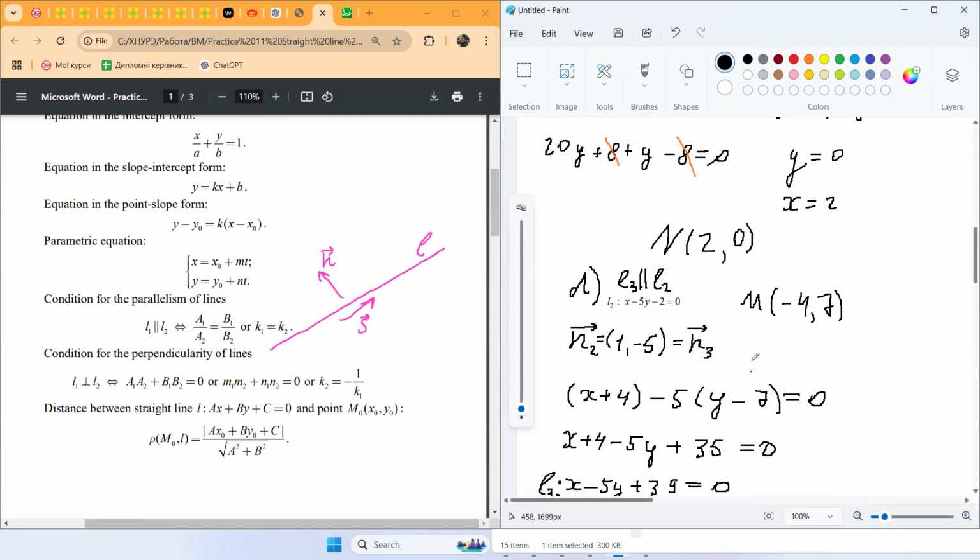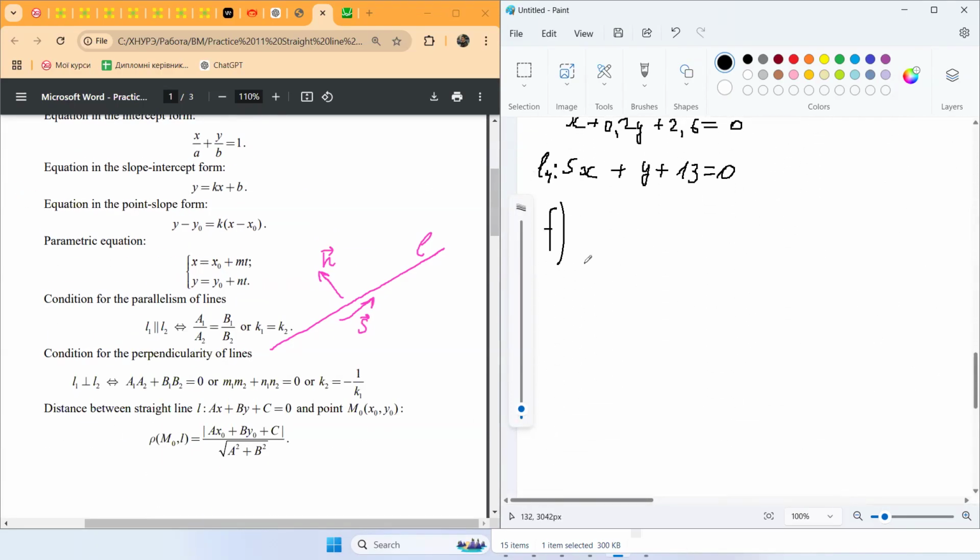So we're using this formula. It doesn't want to copy and paste, so we'll rewrite it on our own.